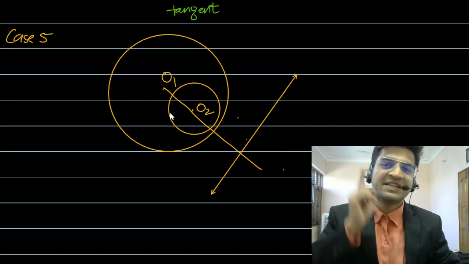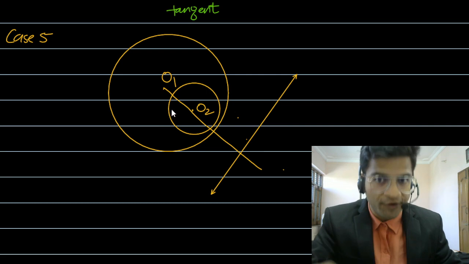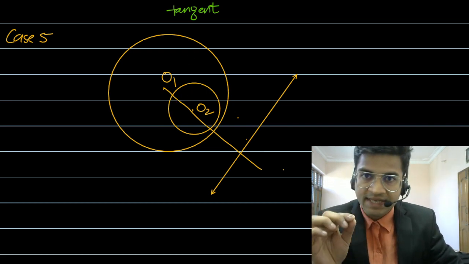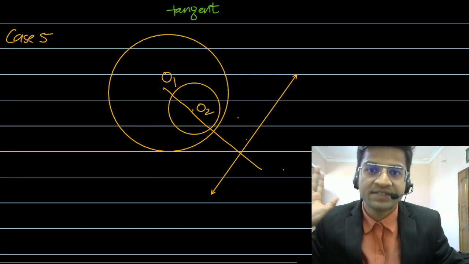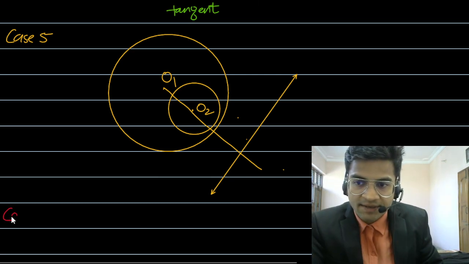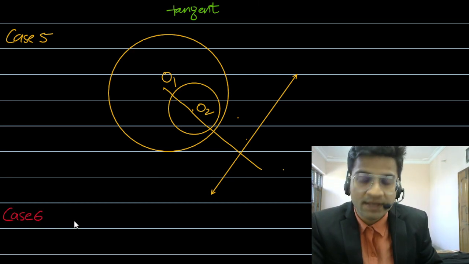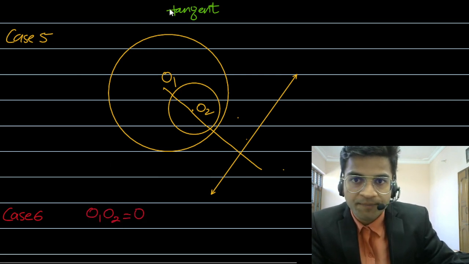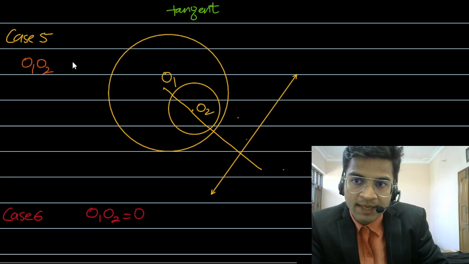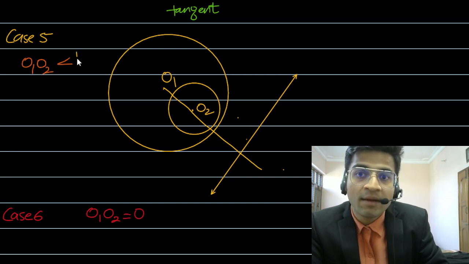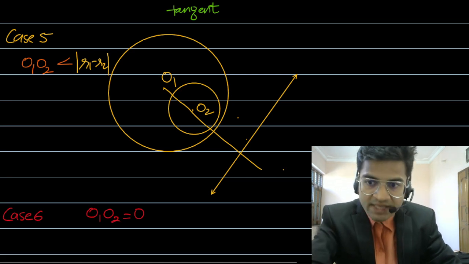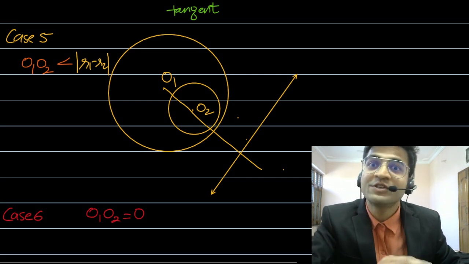Case 6 is a very interesting and very important case, because in case 6 there will not be a radical axis. In case 6, O1O2 is equal to 0. Case 5th was O1O2 less than mod of R1 minus R2, but case 6th is O1O2 equal to 0.